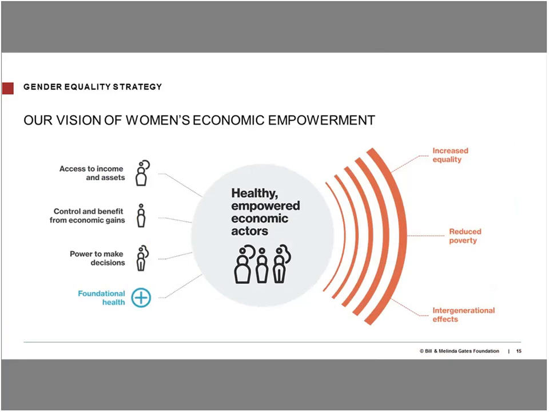And here's our vision: that when women have access to income and assets, and control and benefit from economic gains, and the power to make decisions, and foundational health, which the foundation has already been working on, we get healthy, empowered economic actors of low-income women, resulting in increased equality, reduced poverty, and important intergenerational effects passed on to youth.